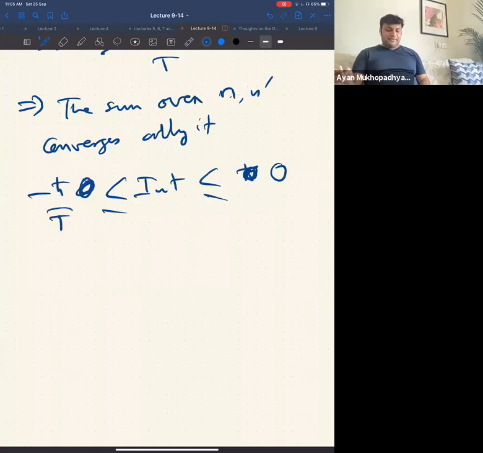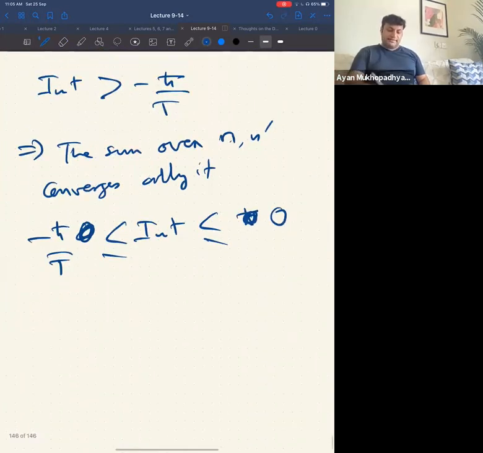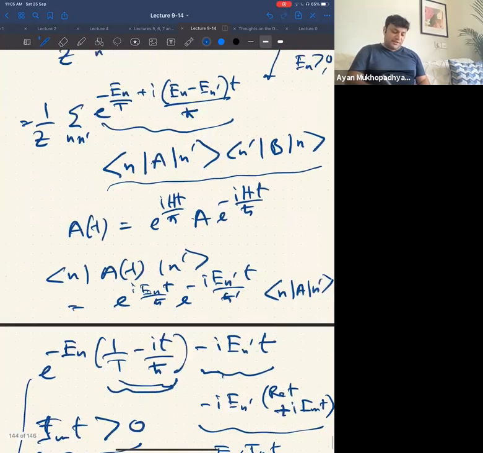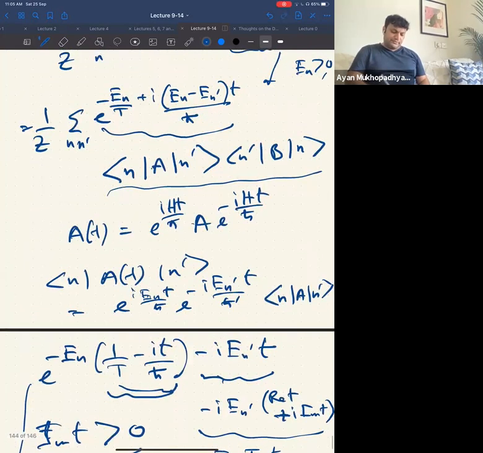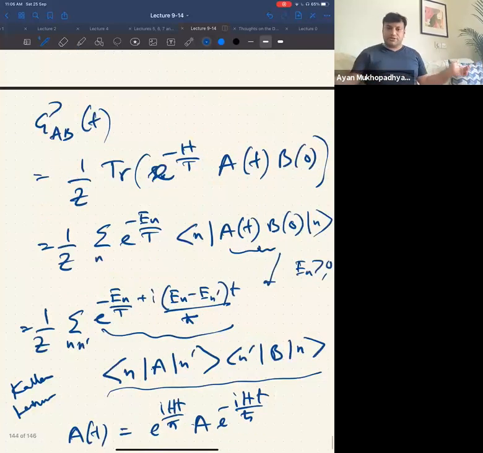So this expression is convergent only there, right? This is a Kallen-Lehmann representation, and this Kallen-Lehmann representation tells you that it is convergent only in this strip. Then if you have to define it away from this limit, you do analytic continuation.